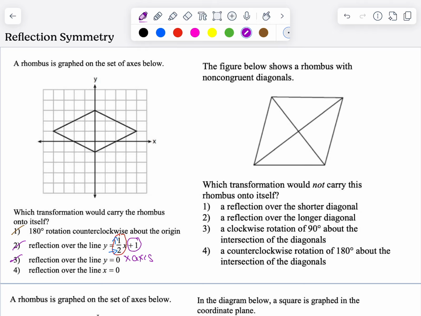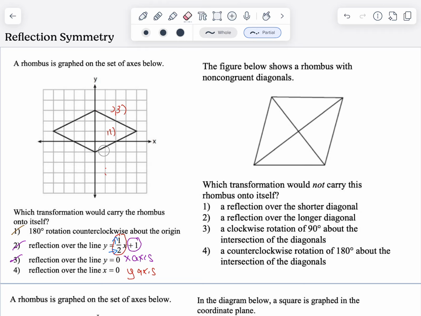So that leaves me with the last answer choice, the line x equals 0. The line x equals 0 is the y-axis, because if I take any point along the y-axis like this point, that is 0, 1, or this point, 0, 3. Or this point, 0, negative 3. All of the x coordinates are 0, no matter which point I take.